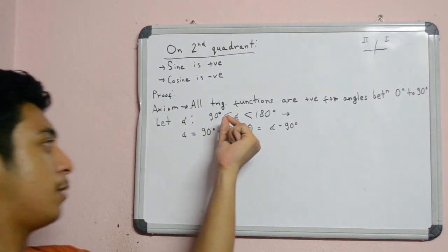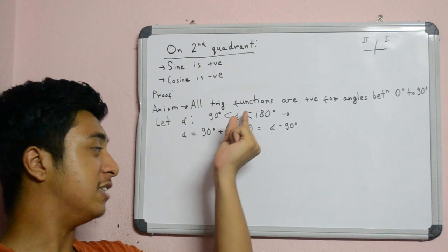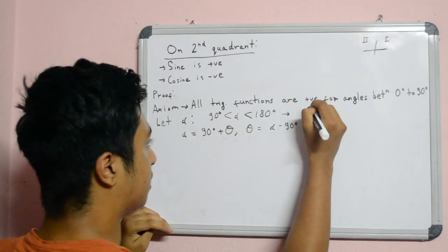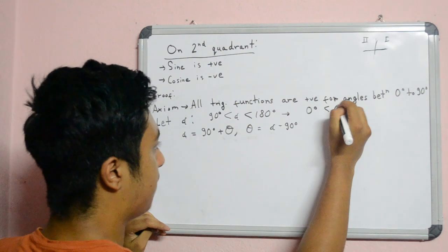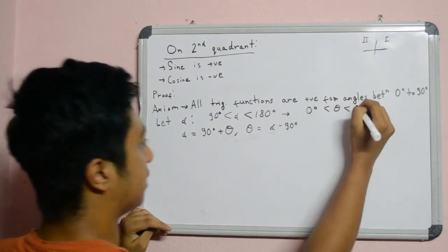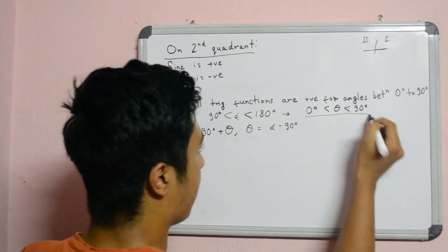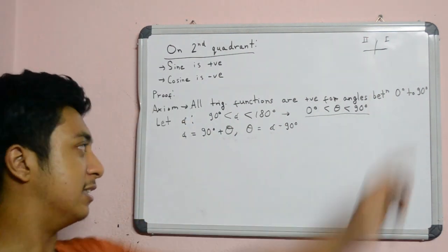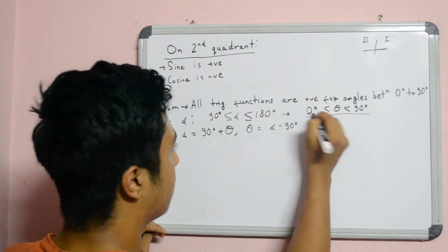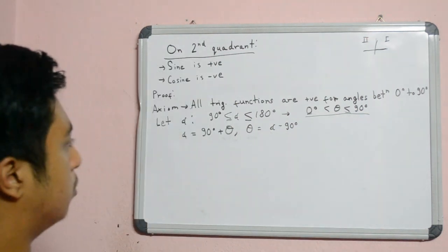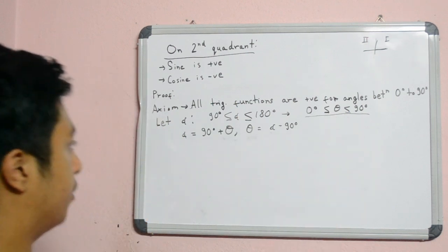Now if you subtract 90 degrees from all of these sides, you'll get 0 on the left and alpha minus 90 in the middle, which is our theta, and 180 minus 90 is 90. So our theta lies between 0 and 90, and I think I should include this as well, right over here.